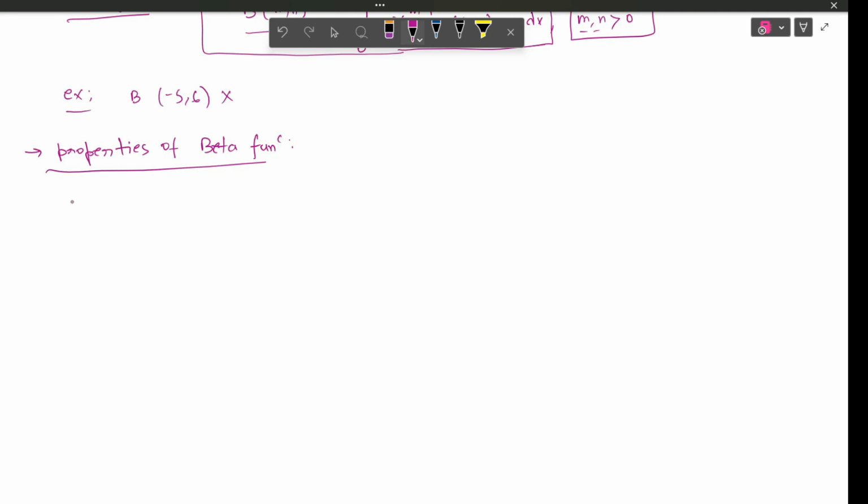So our first property is beta of m comma n is beta of n comma m. That is, you can reverse the order.